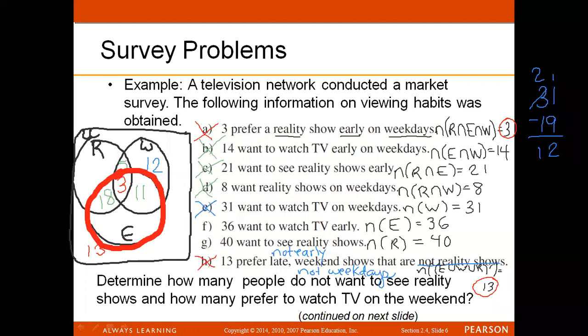This is 19, 29, 30, 32. So 36 minus 32 is just a missing 4. So we have 4 in this missing region of E.